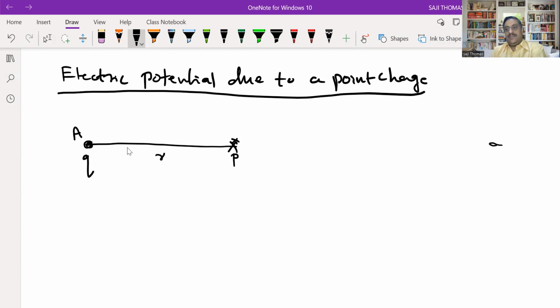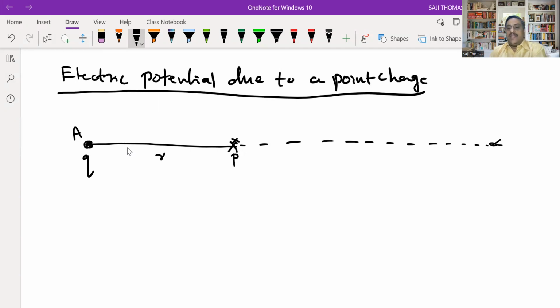So this is the infinity distance. I have to move the test charge Q0 from infinity to the point P. And we can calculate the work done for that. And work done divided by Q0 will give you the potential at that point P.